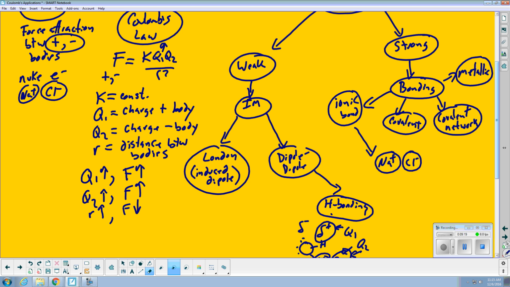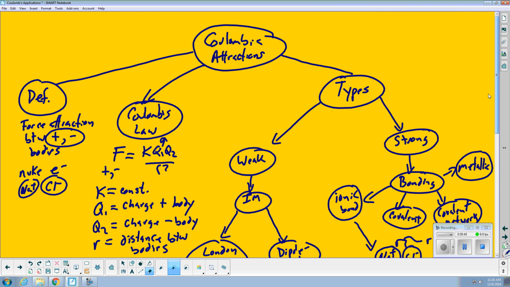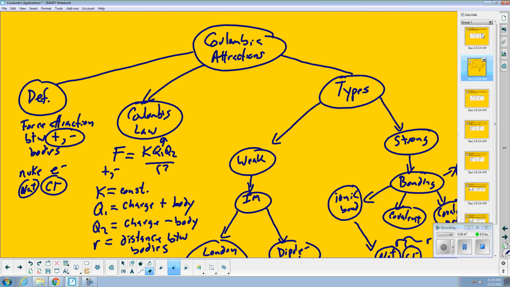So here's my Q1, here's my Q2, and how close these can get is going to be my R. And so in all of these cases, we can explain certain aspects of the relationship using our Coulombic attraction. Now, we'll get into this in a little detail, but first, let's go back to our question and let our questions drive this. All right, here we go.